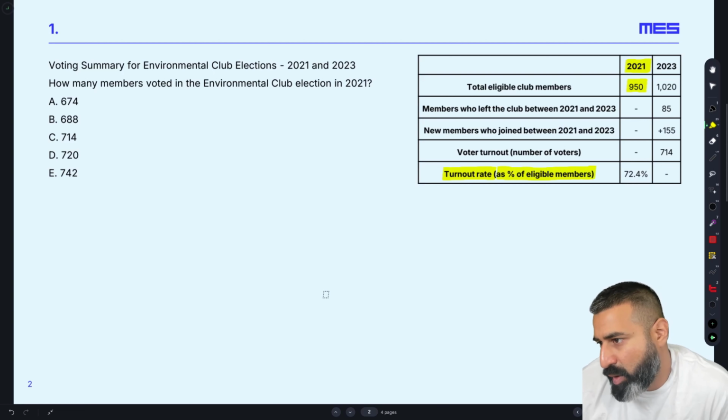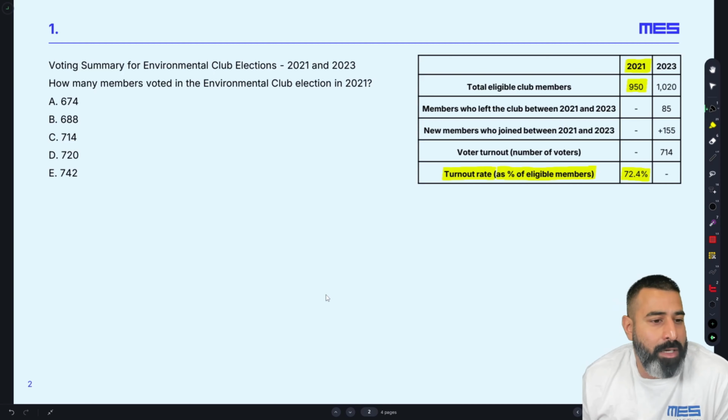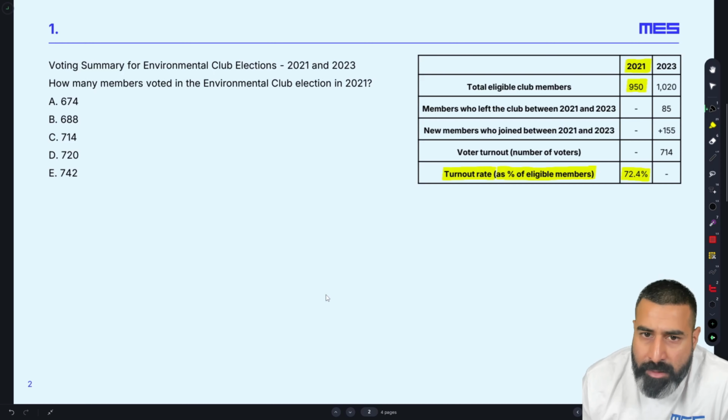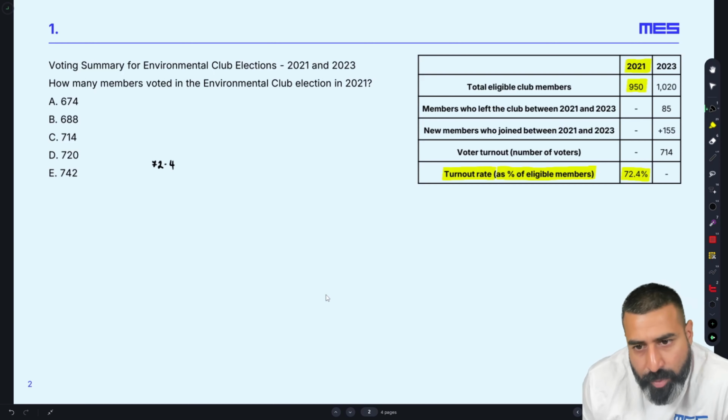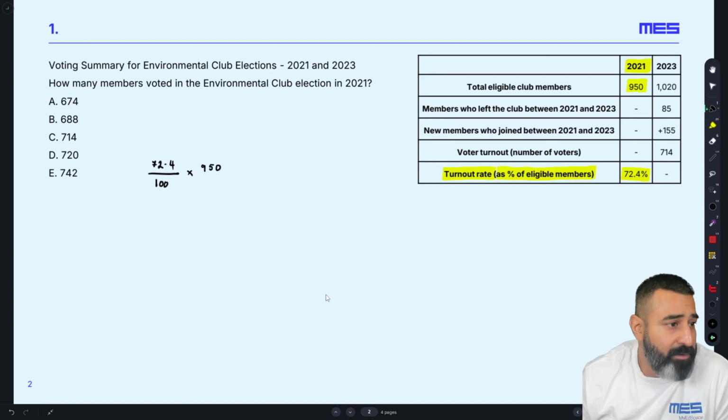What we're going to do is 72.4% of 950. So let's do 72.4 over 100 multiplied by 950.